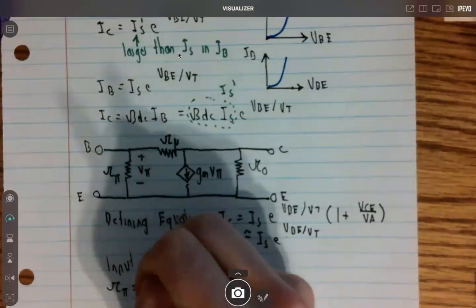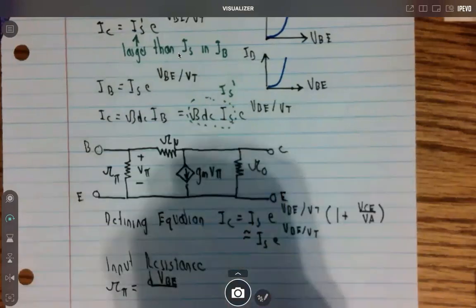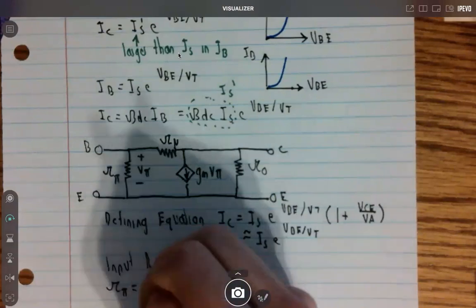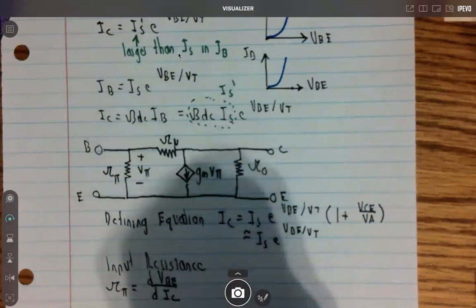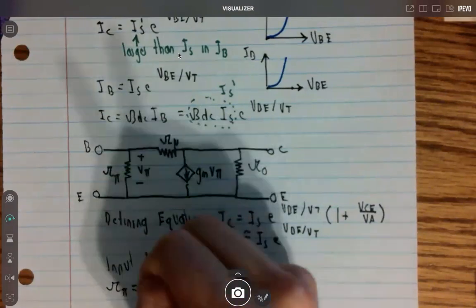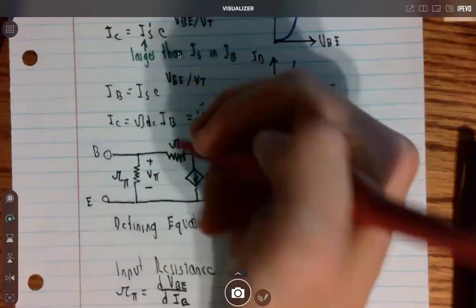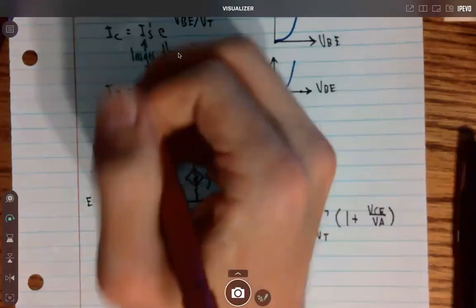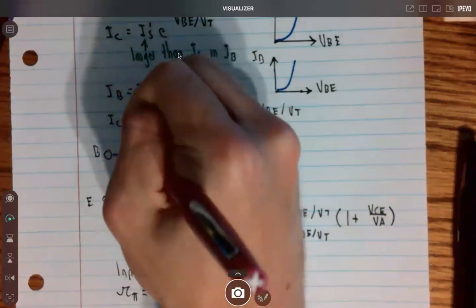So it's the change in the voltage drop between the base and emitter, because we're talking about AC, over the change in the current, sorry, the current in the base. And remember, because this has a high resistance, most of the current's going to go through here. So that's why we can just say iB.